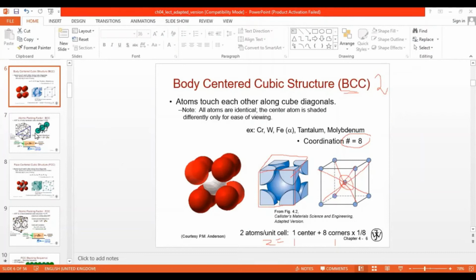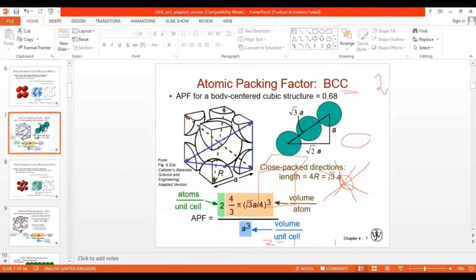Now we will go to the APF, that is atomic packing factor. How to calculate the atomic packing factor of BCC, body centered cubic structure. Now we are concentrating on diagonals, right? Because I told you these atoms are in contact in diagonals. You see here, this one and this one are not in contact in this region, right?